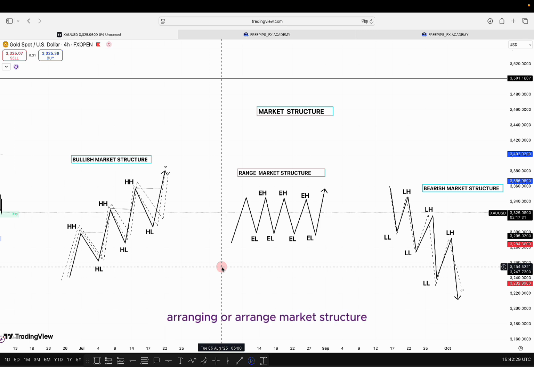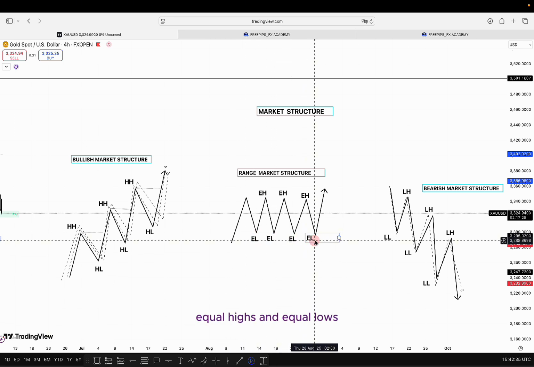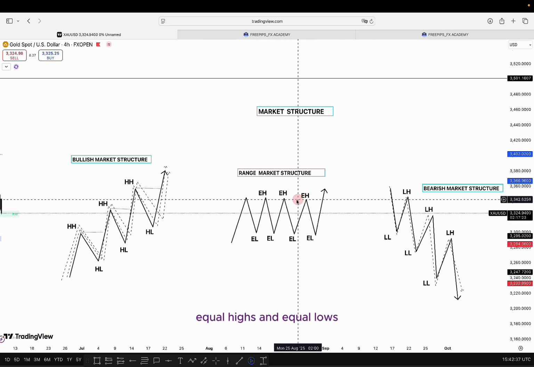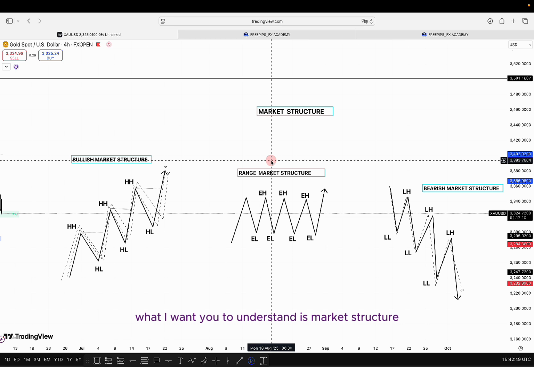A range market structure is when the market is creating equal highs and equal lows. Majority of the time, it is what creates liquidity, but we will get to that part. For now, what I want you to understand is market structure.